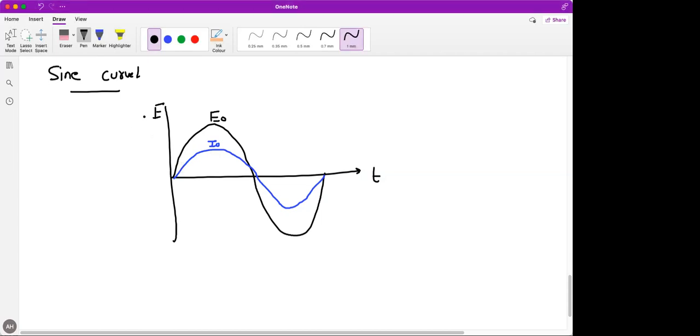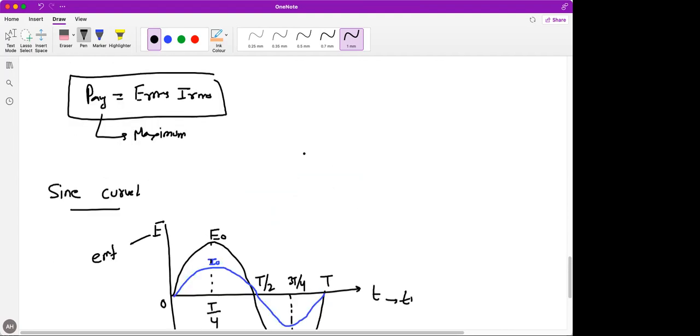This is EMF and that is time. You can put values: here time is 0, here time is T by 2, here time is T, here time is T by 4, and here it would be 3T by 4. Okay, note it down.